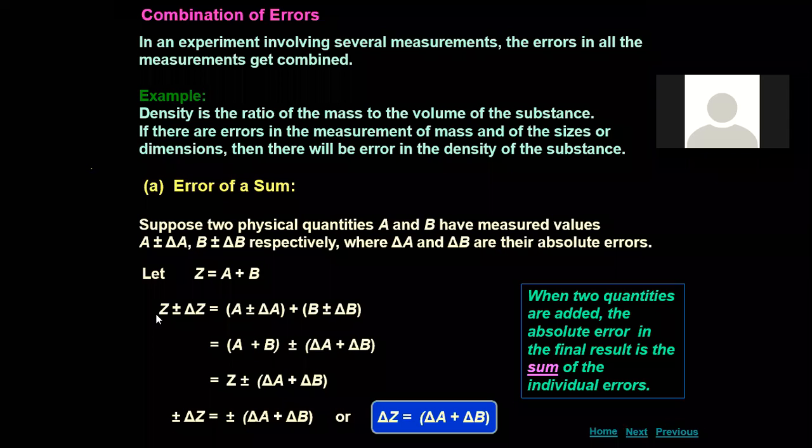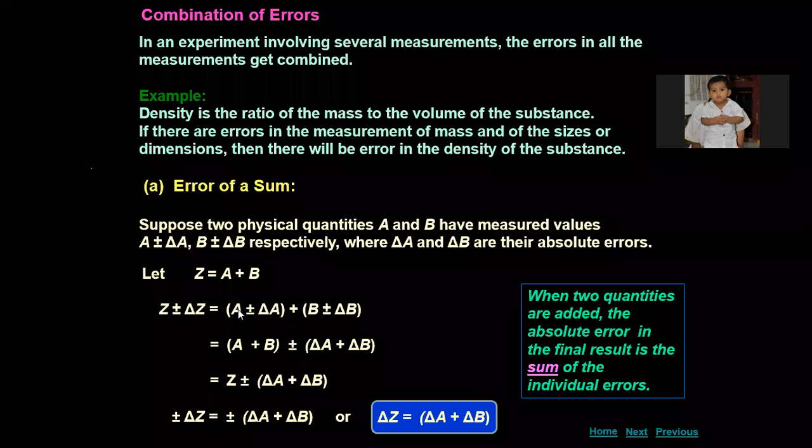So I write Z plus or minus delta Z is equal to the measured value of A plus the measured value of B. When we take error into consideration, I take the total measured values.